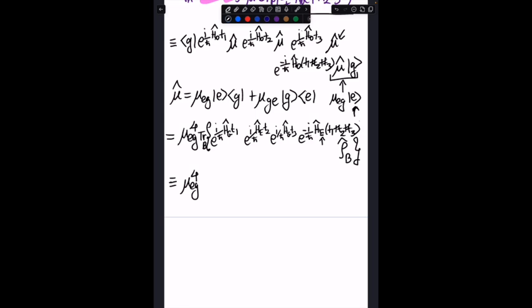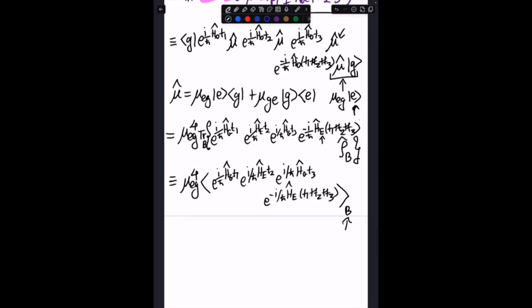And before I write it in the interaction picture and pull the coherence terms out and so forth, I can write it like this: e raised to the power i upon h bar H_G t1, e raised to the power i upon h bar H_E t2, e raised to the power i upon h bar H_G t3, e raised to the power minus i upon h bar H_E (t1 plus t2 plus t3), and then this is a bath equilibrium average because it's a trace over all your bath states with your bath equilibrium density operator.